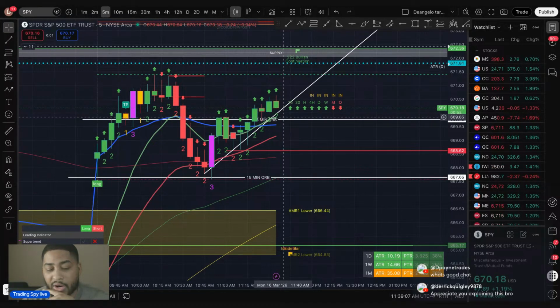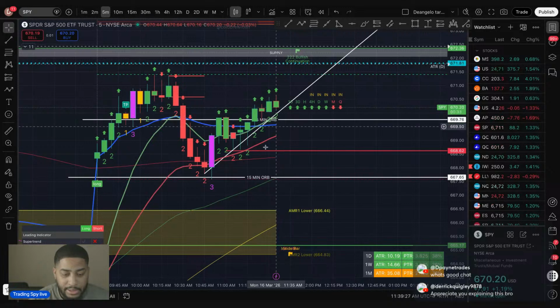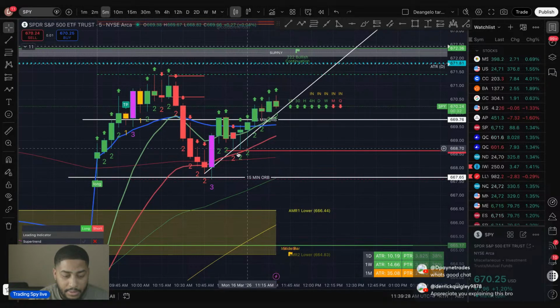Depending on how hard we sell off, I might call it a day, because I'll get my money back tomorrow. Because if it comes back inside this RB, I'm telling you right now, the market's going to chop, especially if it fails the 9 EMA and the VWAP. If it fails this and it don't hold up, the market is going to be choppy, super choppy.